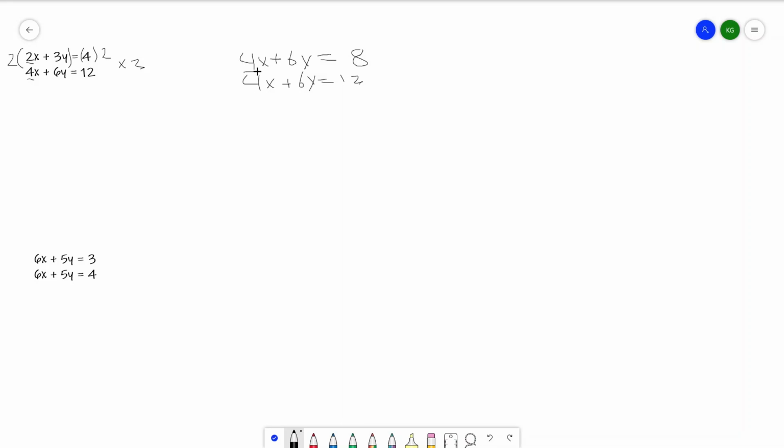We can see that 4 and 4 are the same, and 6 and 6 are the same. So now all we have to do is look at the constants, which are 8 and 12. These two constants are different, so we know the lines are parallel, and we know that the system of equations will have no solution.